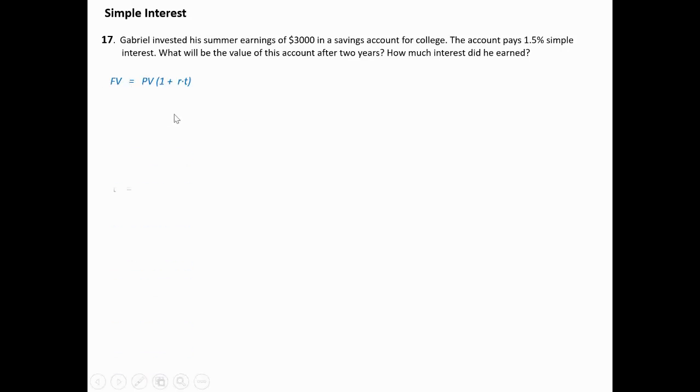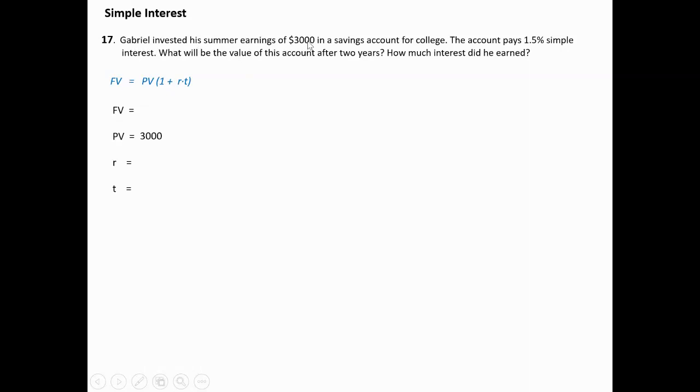So this is the formula for simple interest, right? Like I tell my students, you put every variable here on the left, vertically, and you extract the information from what's given and put it on the correct variable. So for example, here on number 17, what are we looking for? It says here, Gabriel invested his summer earnings of $3,000.